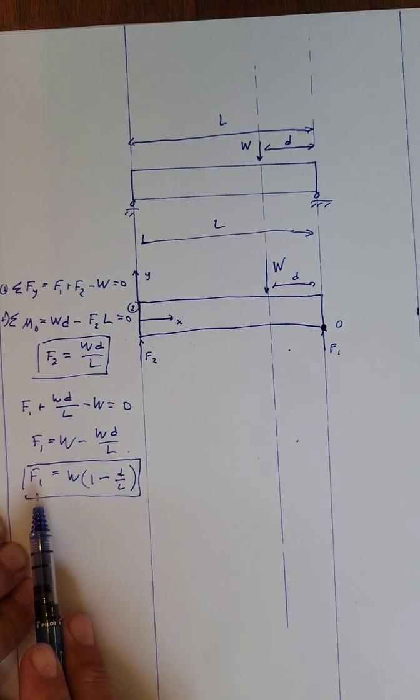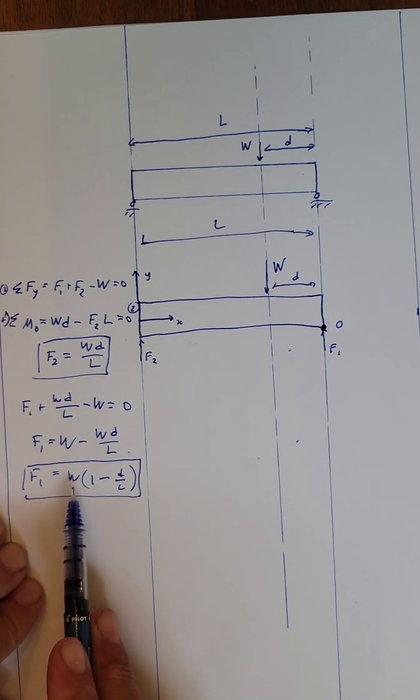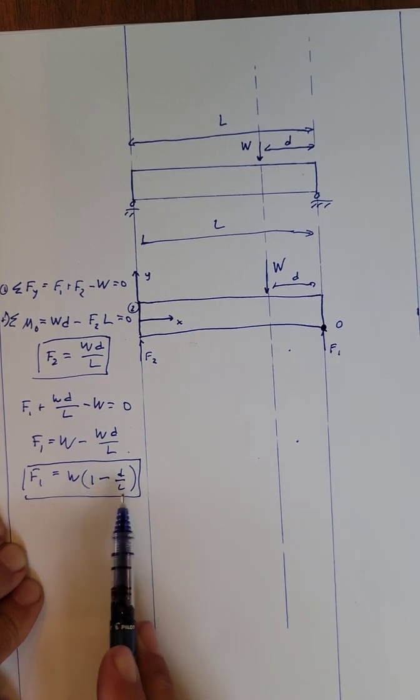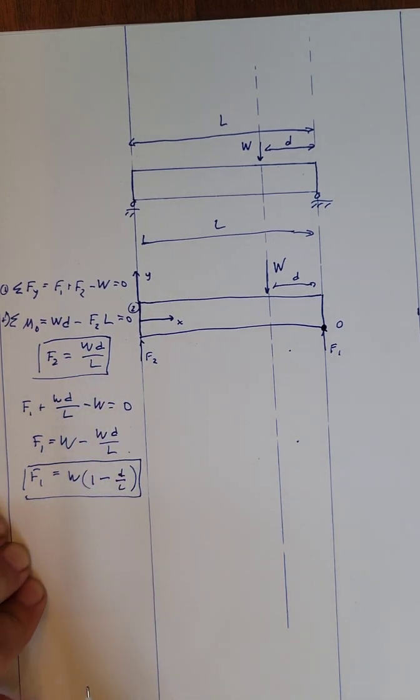And we find that F1 is equal to W reduced by some magnitude based on the distance D. And similarly, we get the same thing for F2.